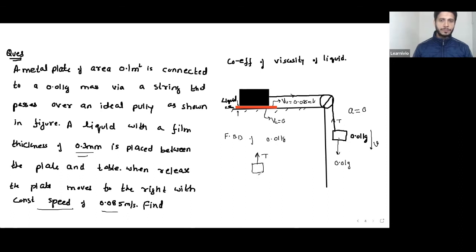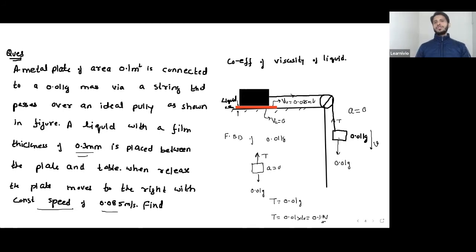One is tension, another is its weight, 0.01 g, and the acceleration is 0. So both forces balance each other. Substituting values, 0.01 into g is 10, this comes out to be 0.1.